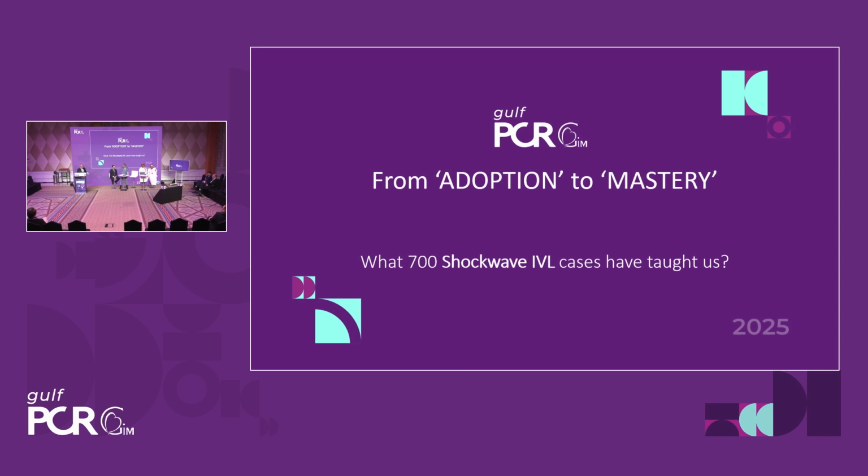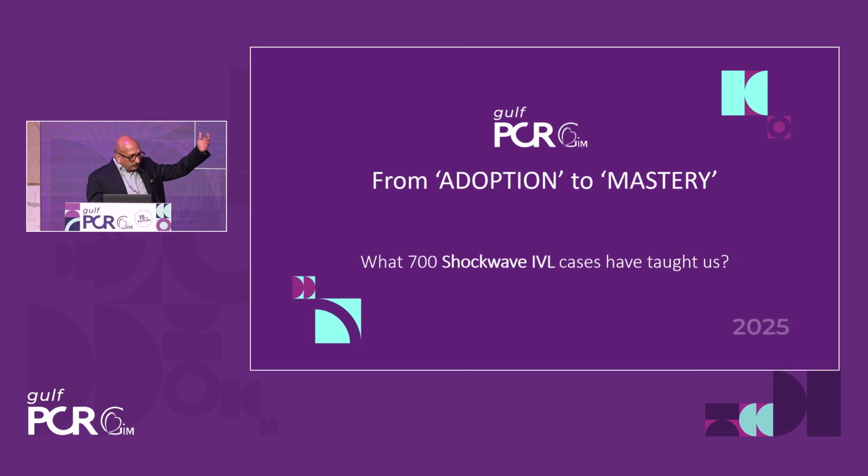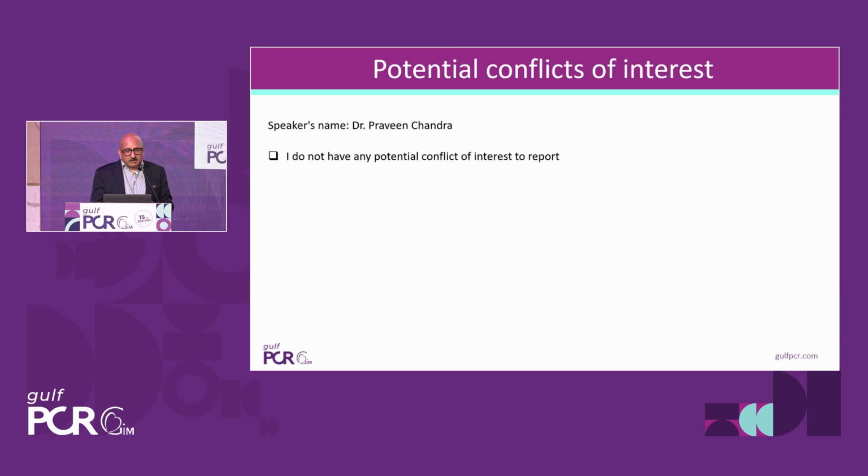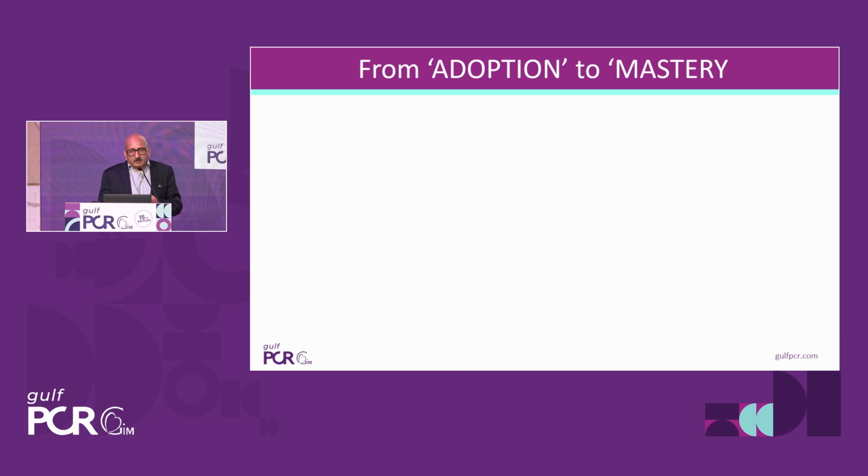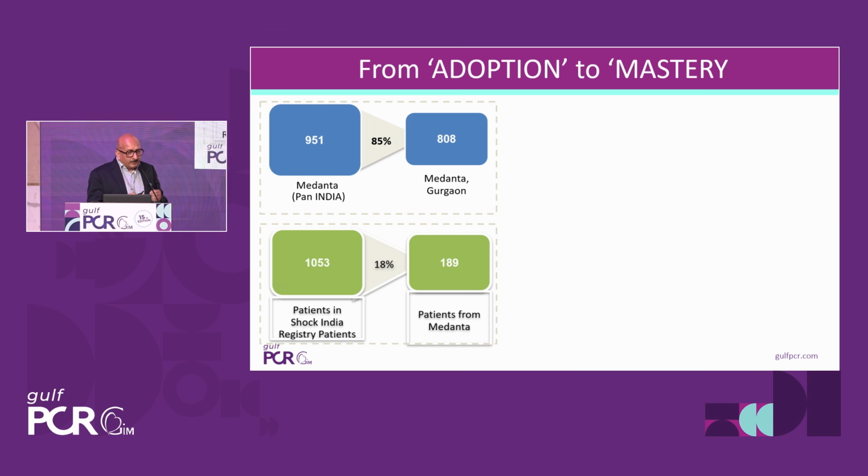What I'm going to share with you now is that, after you heard the data presentations from so many trials and registries, we now have to discuss what is happening on a day-to-day basis. This is the data we have gathered up till now.